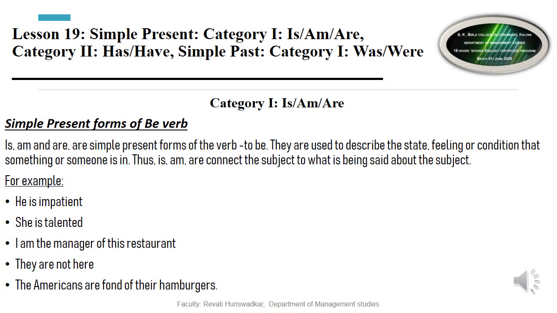So before starting with the be verb, we'll start with simple information. Singular subject is always connected with s and plural subject में s नहीं जुड़ा जाता है.